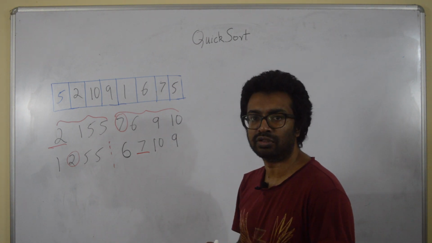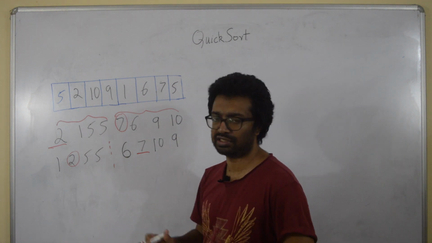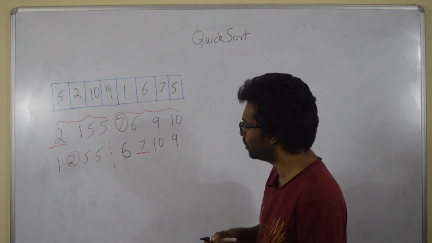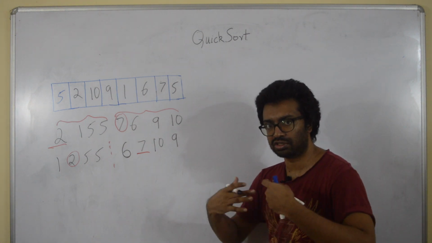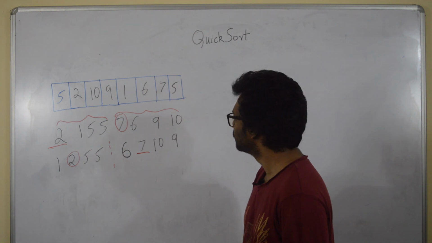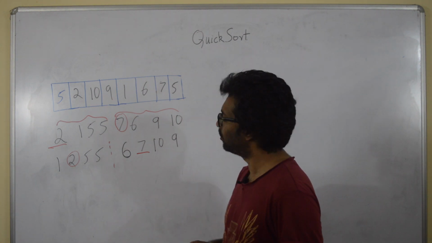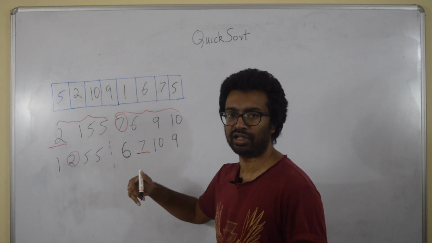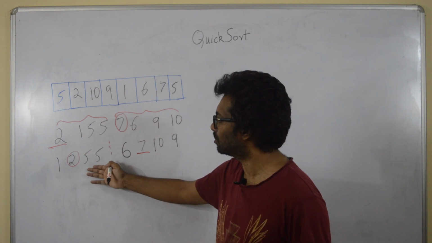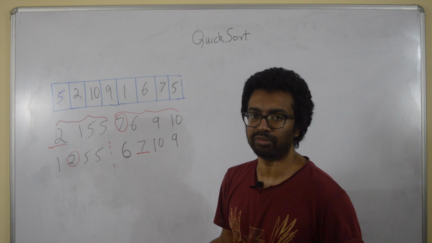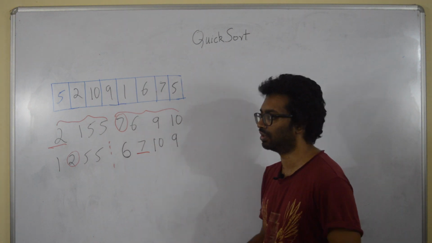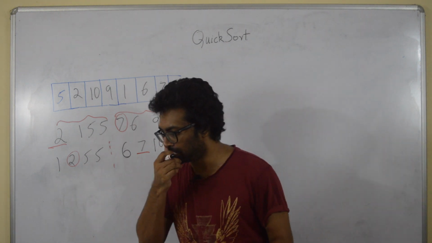Everything on the left of 7 has now been sorted because there was just one element. On the other hand, the right is not sorted. So we have to do a quicksort again. Recursively we have to apply quicksort. Actually, in our program we are going to recursively apply quicksort here, but that's going to sort the sorted array and give it back to us without making any change.